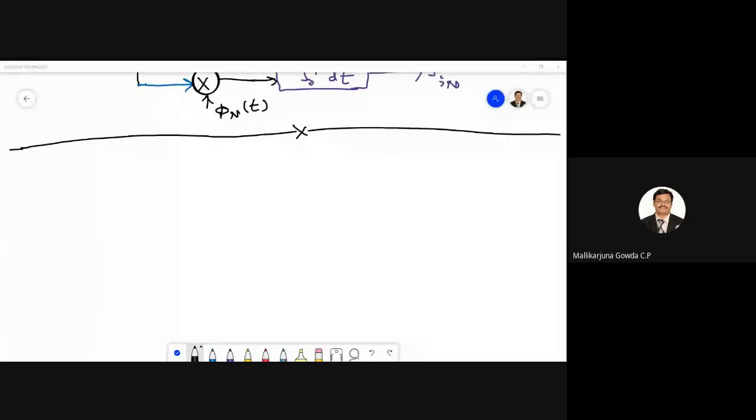Means the signals S1 of t, S2 of t, and so on up to Sm of t, I have m energy signals. Those m energy signals can be considered as m points represented by the vectors S1, S2, and so on up to Sm in an n-dimensional Euclidean space with reference to axes phi1, phi2, and so on up to phi n.